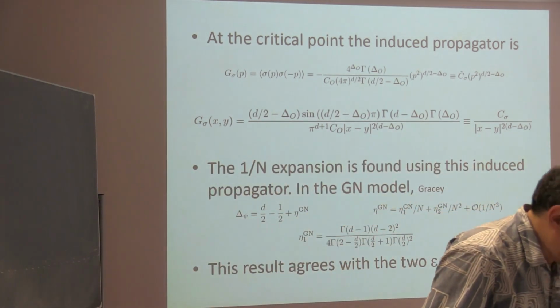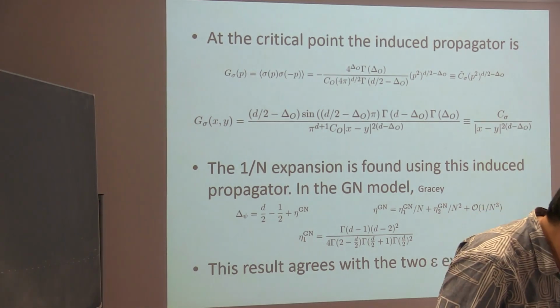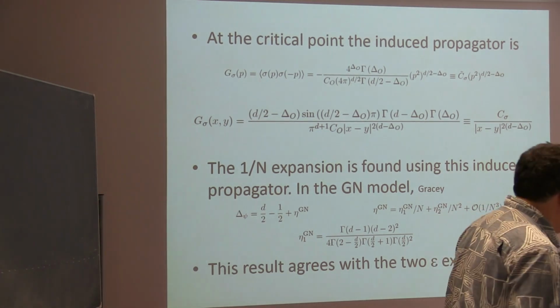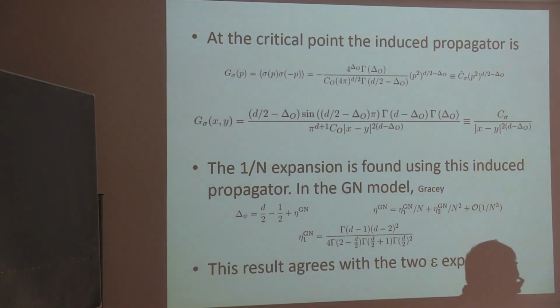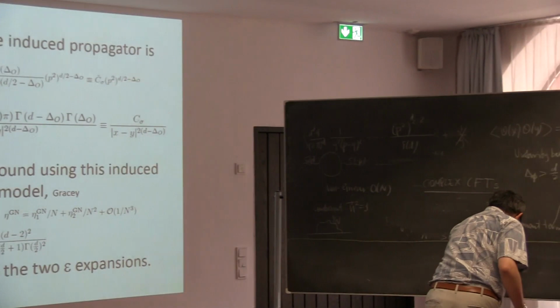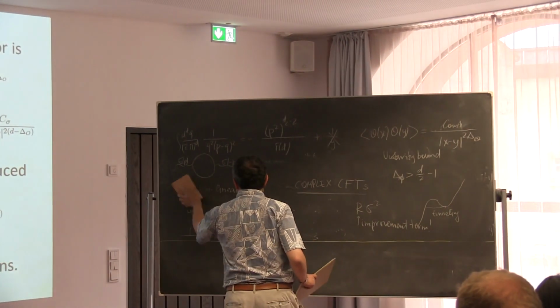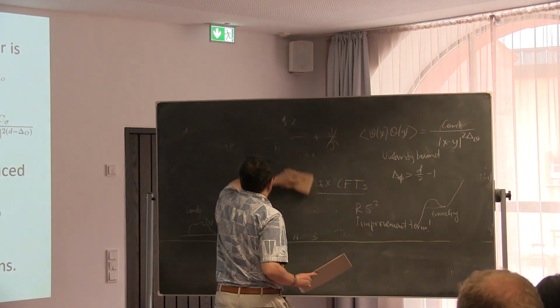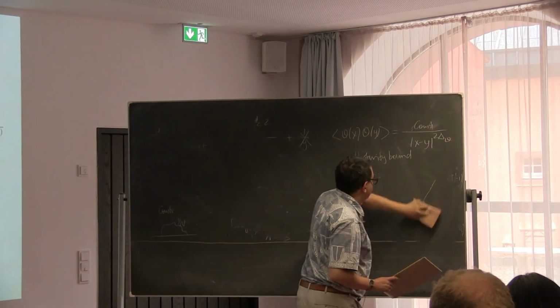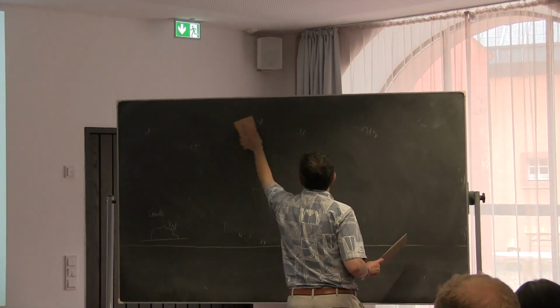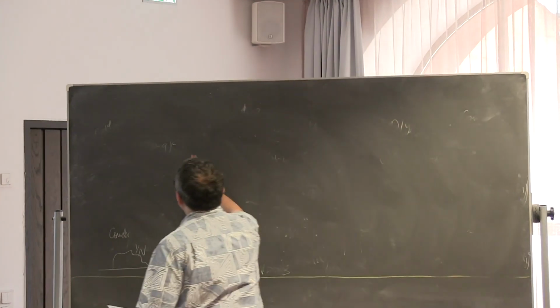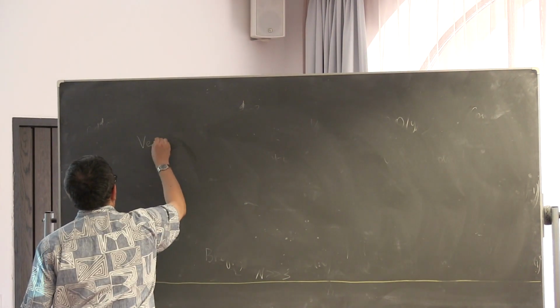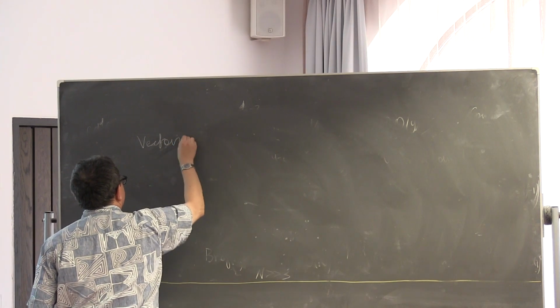This is because a very small set of diagrams survive in this vectorial large N limit.